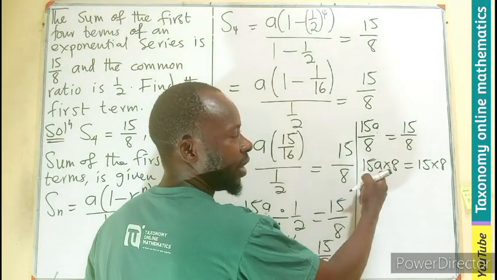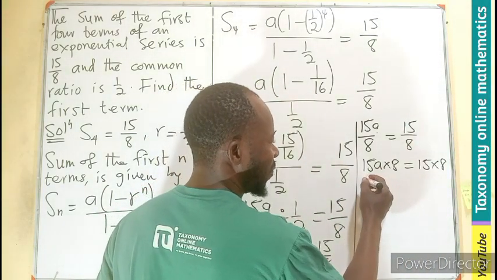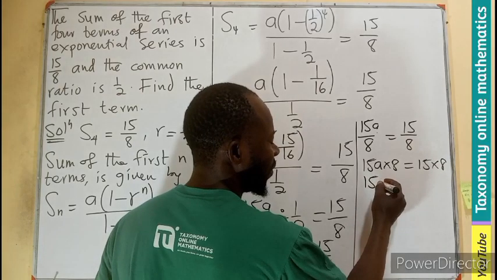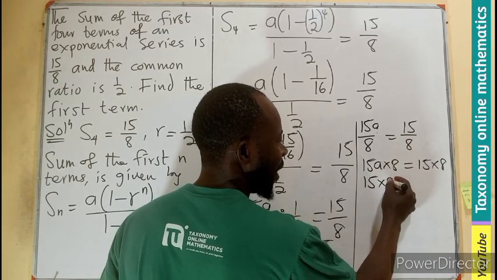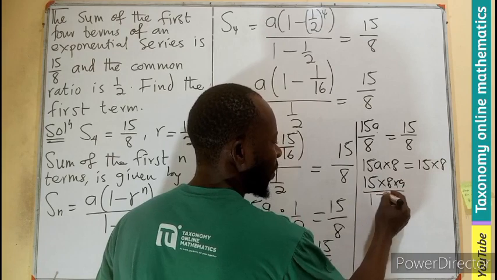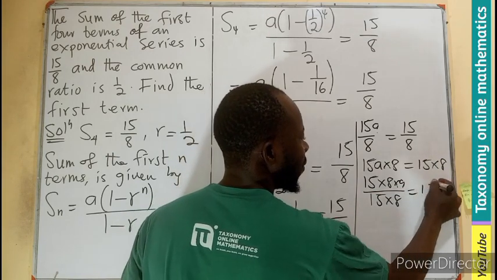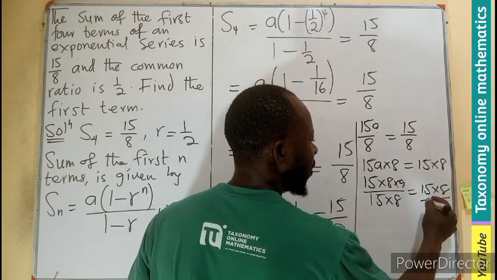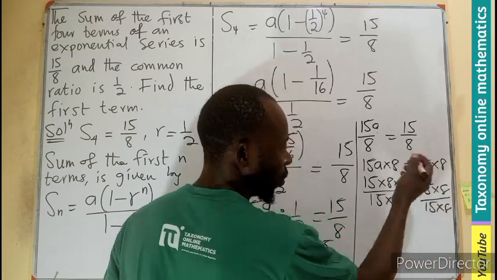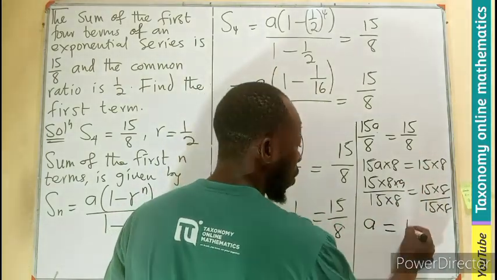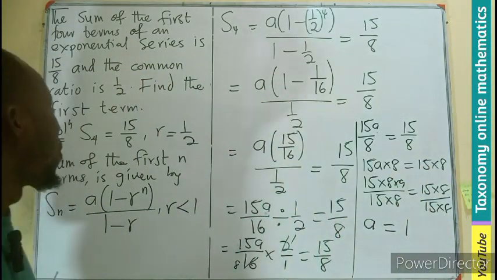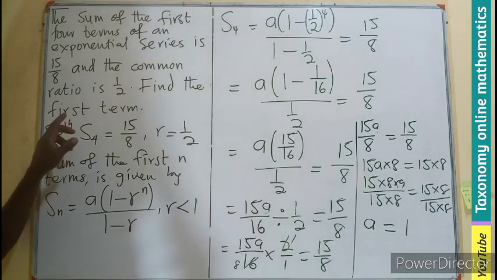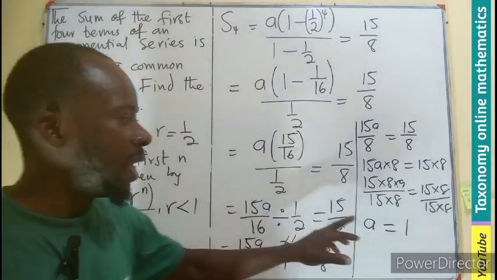Since a is the coefficient, we divide both sides by 15 times 8, so they cancel and a equals 1. It means the first term that we are looking for is 1.